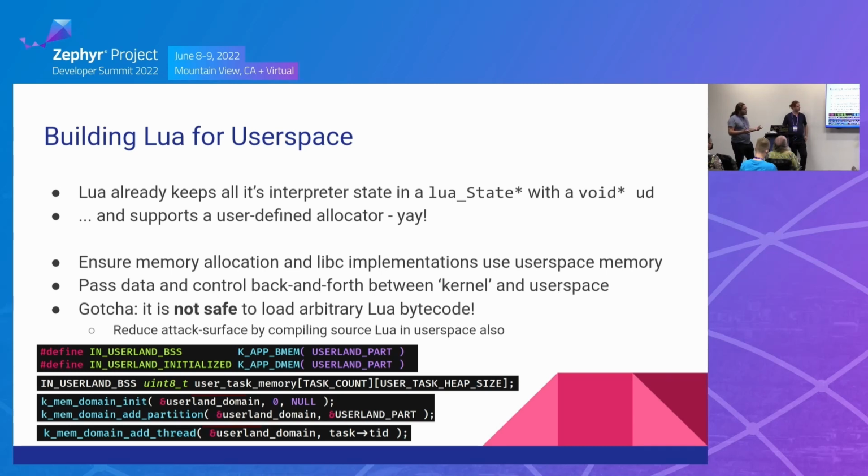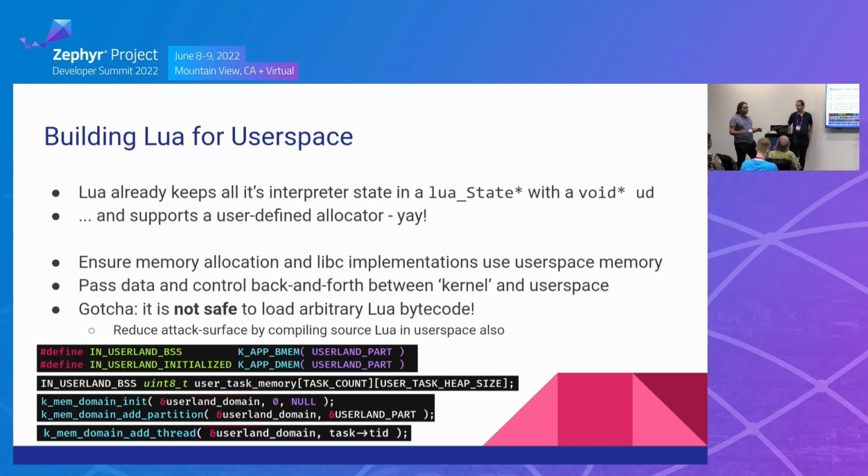And then we need to pass data and control back and forth between the kernel and userspace, which is running Lua code. One gotcha here is if you're going to do this, you really shouldn't be taking Lua bytecode. You should be taking Lua source code and compiling it yourself in userspace, because there's a big warning flag in the manual that says it's not safe to load arbitrary bytes.